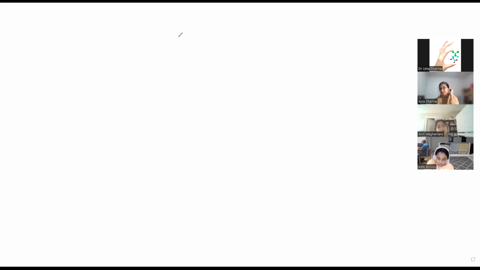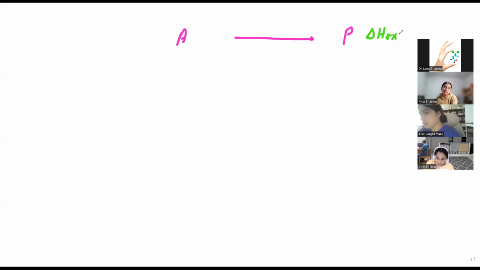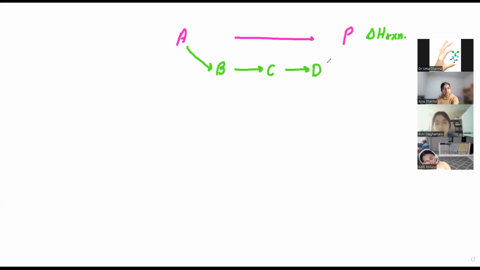Let's say there is a reaction A giving you the product, but the delta H of the reaction is this delta H of reaction. But let's say you carried out the reaction in multiple steps. You converted A to B, then B to C, then C to D, and then D to P. Multiple steps.